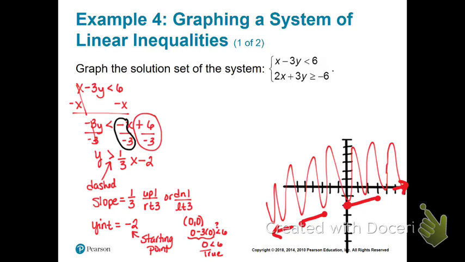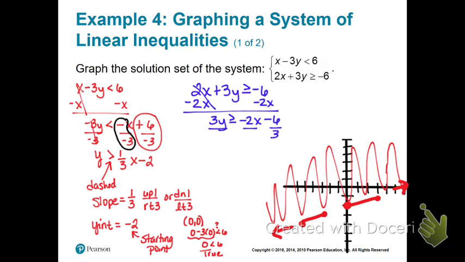So now we've got to graph our other inequality. And so it was 2x plus 3y is greater than or equal to negative 6. Again, I'm going to solve for y. So I'm going to subtract the 2x. That leaves me with 3y greater than or equal to negative 2x, and I had a negative 6.